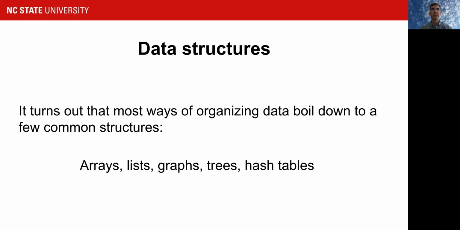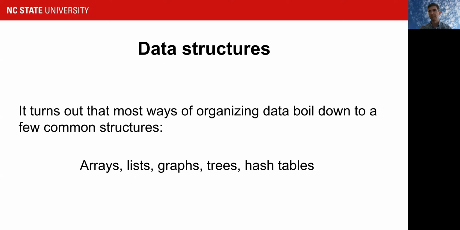Now, it turns out that the most common ways of organizing data boil down to a few key structures. One of them you already know well, that's the array. An array is just a contiguous block of memory. And arrays are really useful for representing things like strings or vectors, integer vectors.